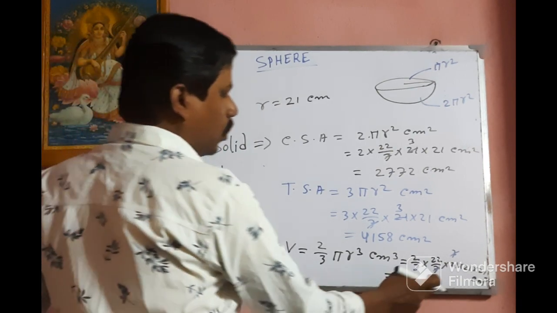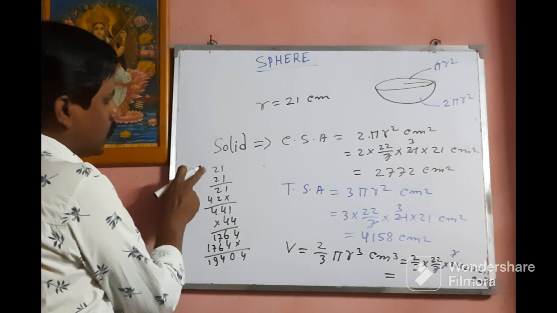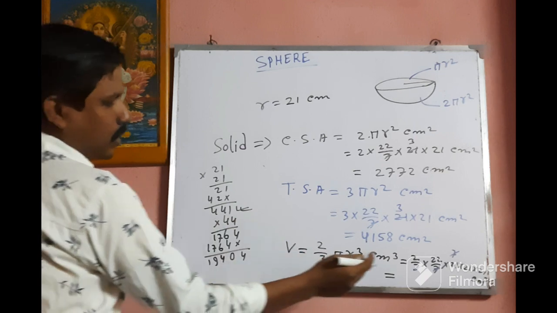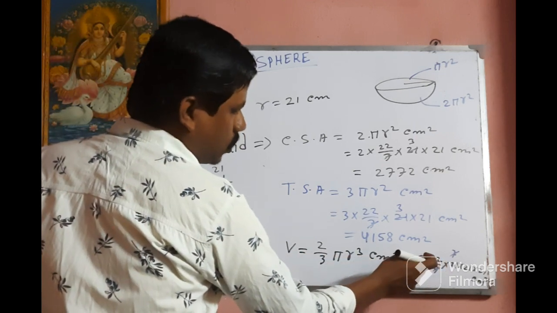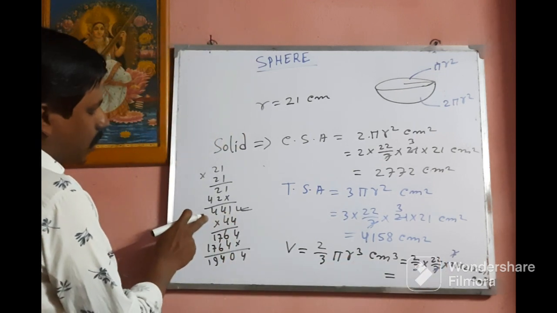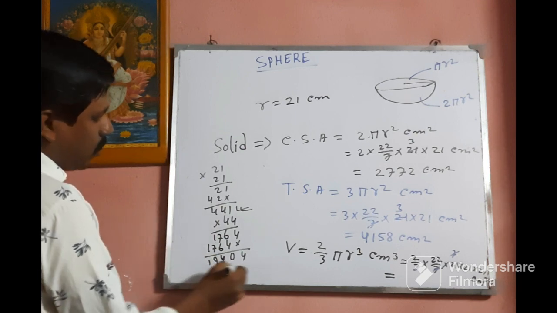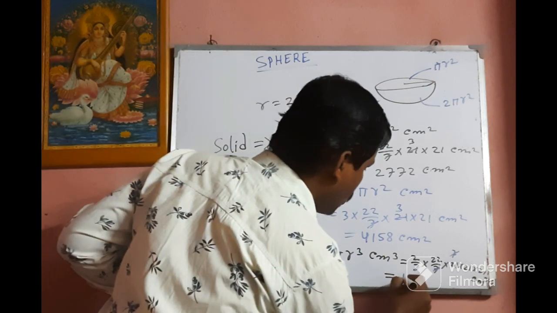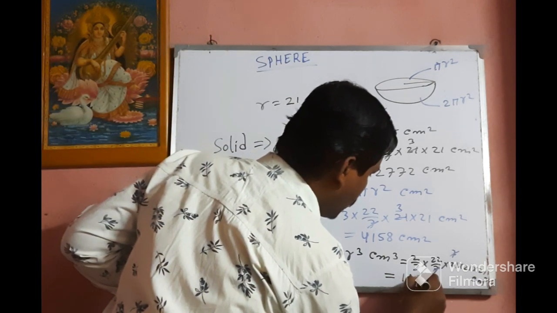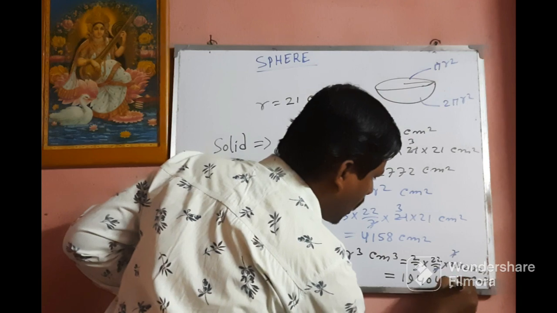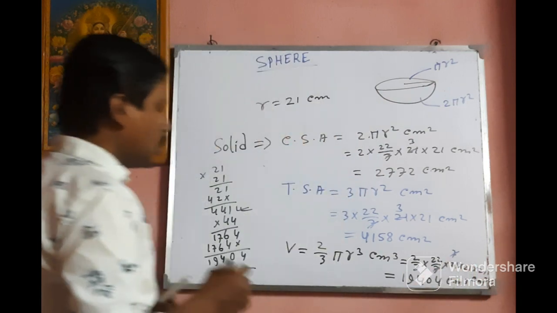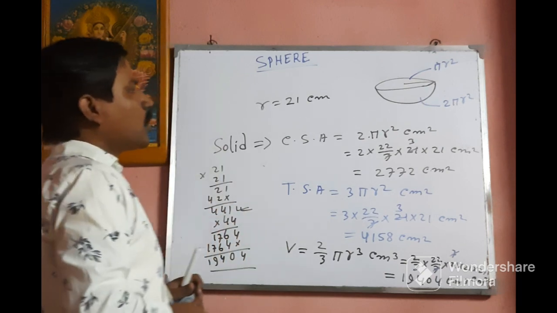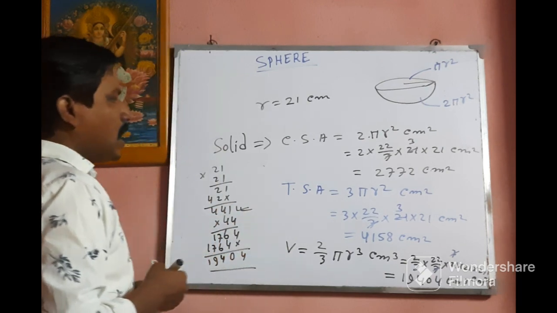Now calculating this part, 21 multiplied with 21, we get this one, and multiplied with 22 multiplied with 2 is 44, then 441 multiplied with 44 we get the value of 19404. So volume is equal to 19404, and this will be the centimeter cube. So this is the volume of the given solid hemisphere.